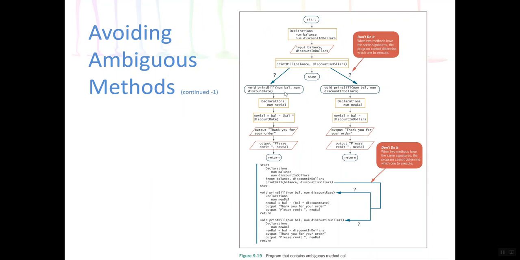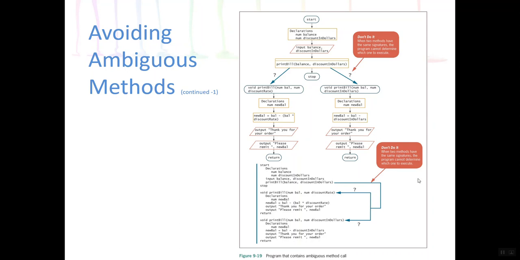Here we have a problem because we have 2 different definitions of print bill and they both take 2 numbers as parameters. Now, one is using the second parameter as a discount rate, the other as a discount in dollars, but the runtime environment is not going to be able to distinguish. So we have 2 matches, and that is not going to work out. It's going to cause a compile error because we have ambiguous methods.